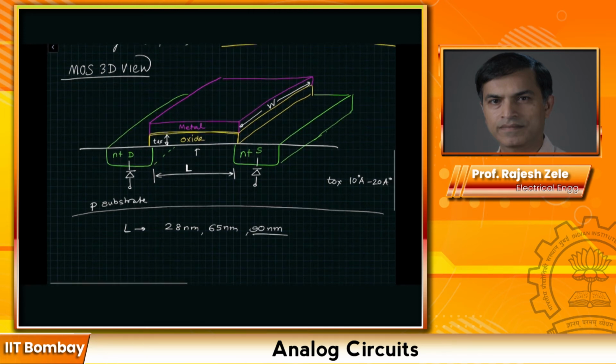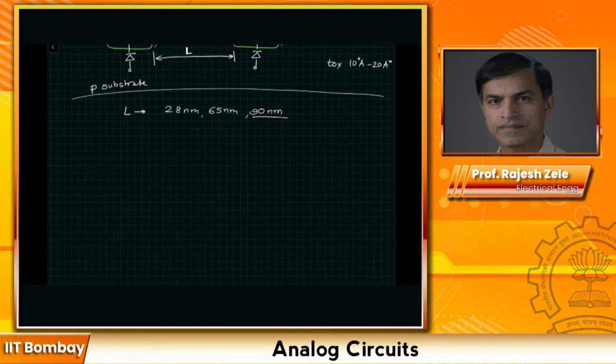This is getting more into the devices, but it's an interesting understanding of how the transistor is drawn. You would draw the oxide region first, and then on top of that you would have the polysilicon. This hashed region is polysilicon, and you would use the polysilicon region as a mask for the diffusion.